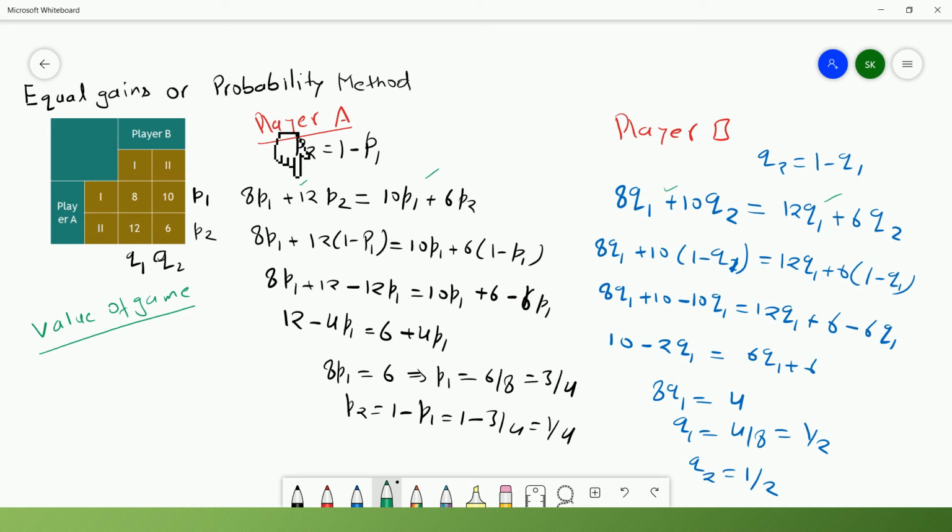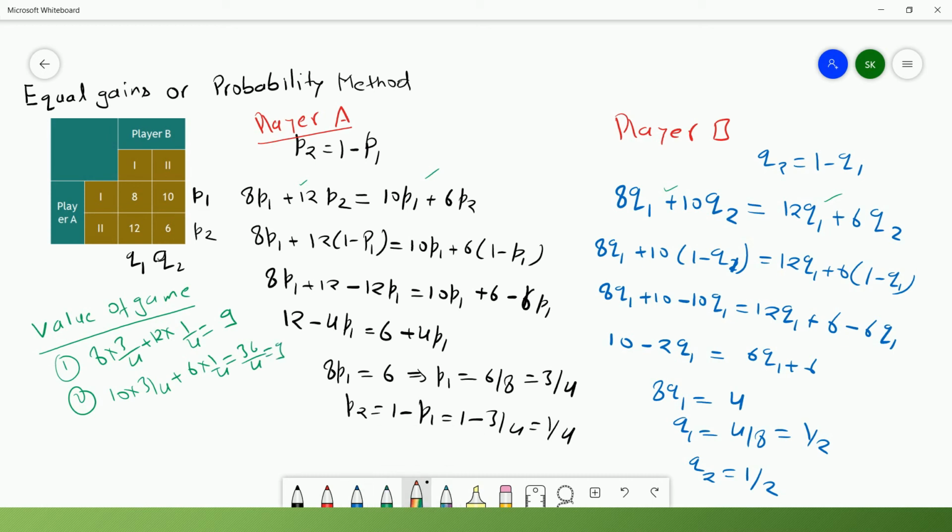So P1 is 3 by 4, that means 8 times 3 by 4 plus 12 times P2 which is 1 by 4, so I will get 6 plus 3, that means 9. Now using this equation, 10 times 3 by 4 plus 6 times 1 by 4, so I will get 36 by 4, that means 9.